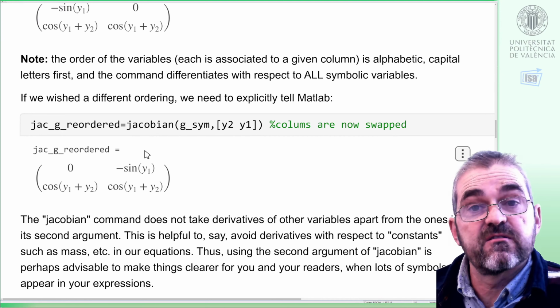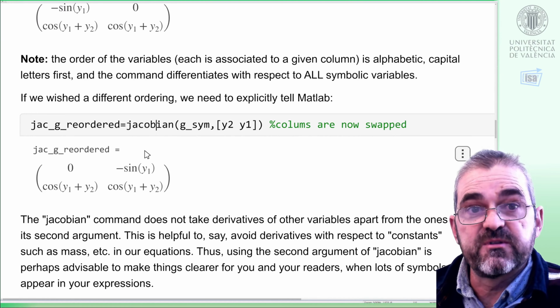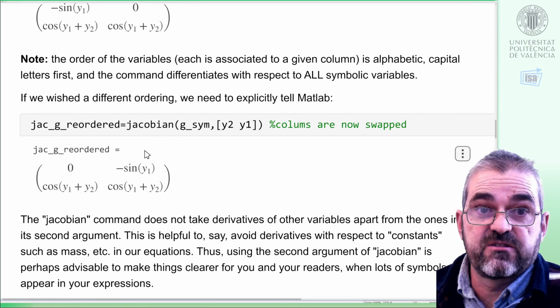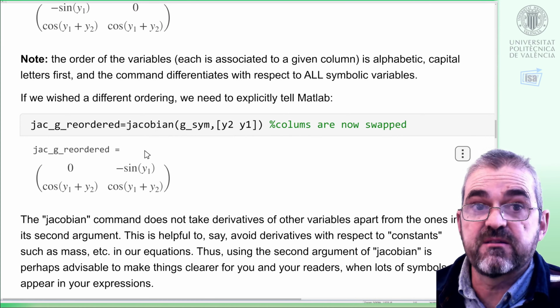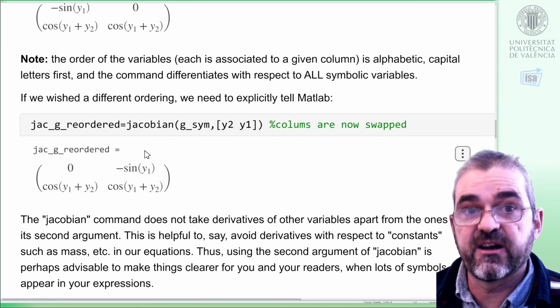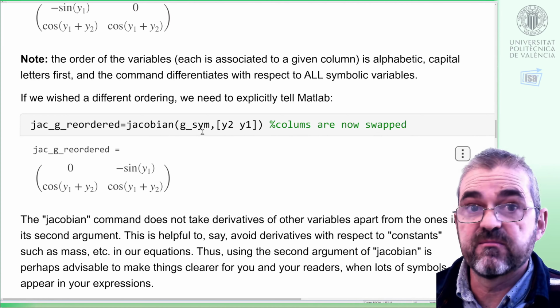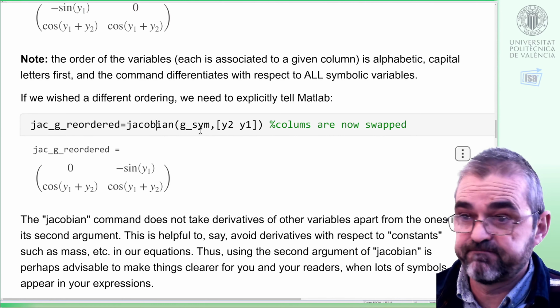So when we have that kind of letters, we can just call jacobian, omitting those letters from the second argument. So using the second argument in jacobian makes things more readable.